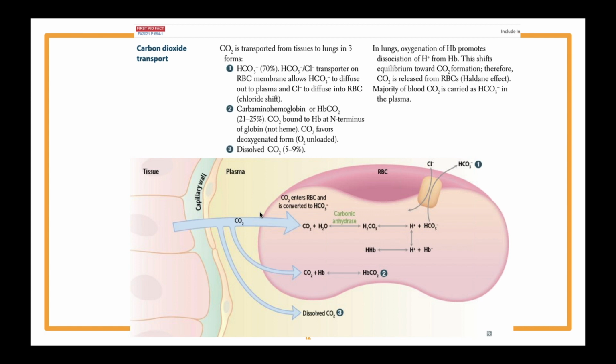And this is primarily how CO2 is transported from the tissues to the lungs, okay, to then be expired. So the majority of the blood CO2 is actually carried as bicarbonate, as you can see in step number 1. But it is formed from CO2 after conversion via carbonic anhydrase. Okay. So let's go back to our other answer choices in case you selected that.